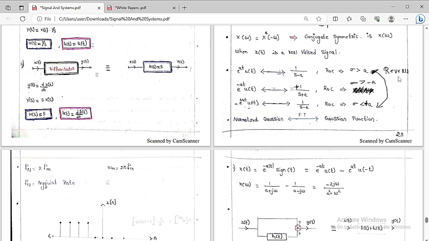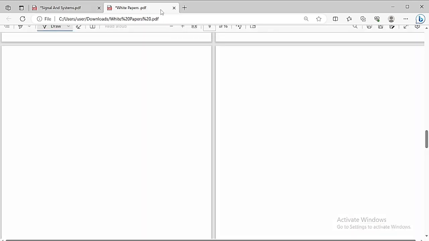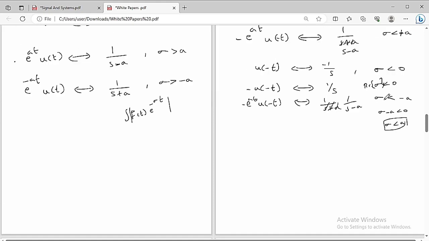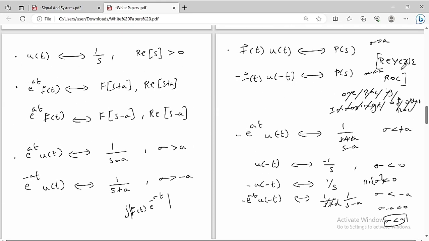This is only the reverse ROC, not the mirror image ROC. I told you earlier that was a wrong concept. Finally, the reverse ROC is the correct concept. I have checked it also in the formula session, and I can confirm that this is a reverse ROC.